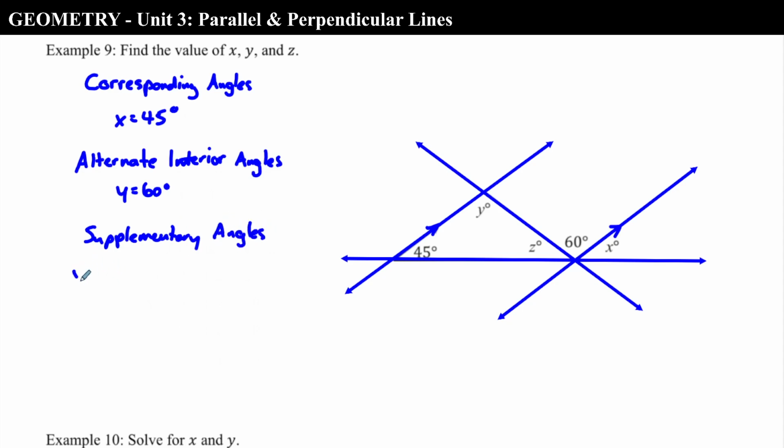So we have x plus 60 plus z equals 180. Well, we know what x is. It's 45. So I'm going to plug that in. And then we combine like terms. And we subtract the 105 from each side. And we get that z is 75 degrees.